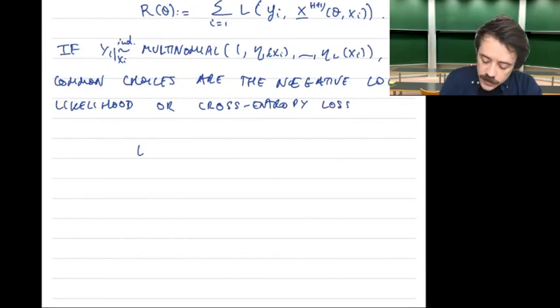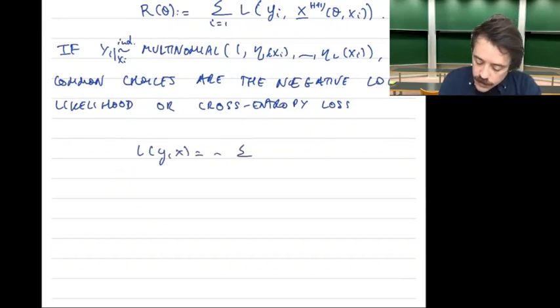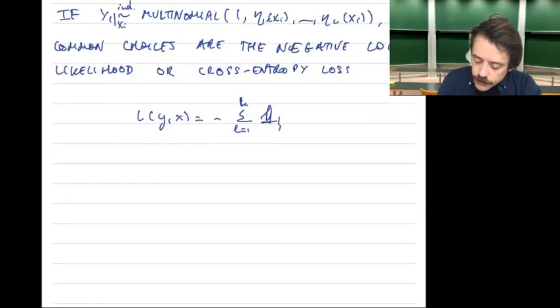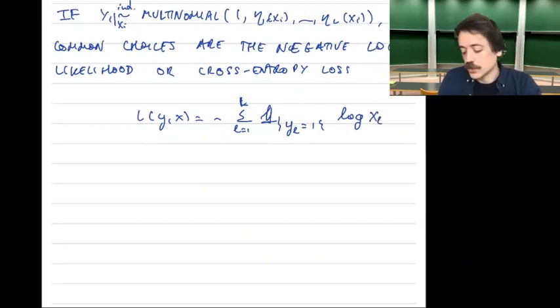And this one is given by the negative sum from L equals 1 to capital L of the indicator of the y L, so the Lth element in this vector of zeros and ones being 1, and then the logarithm of xl. Okay, so that's just the usual negative log likelihood from the multinomial model.